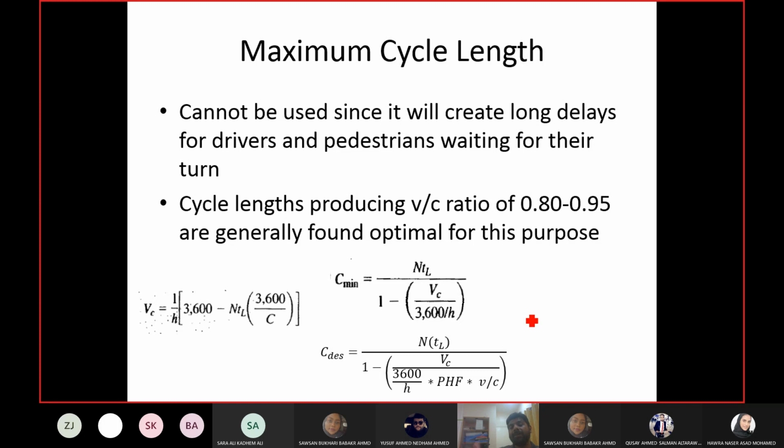There is no factor of safety. Any error in predicting or observing the volume when you were designing the cycle length will result in volume going over the capacity in the field when the signal is operational. Okay, so V by C ratio should not be 1 as well. It should be less than 1.